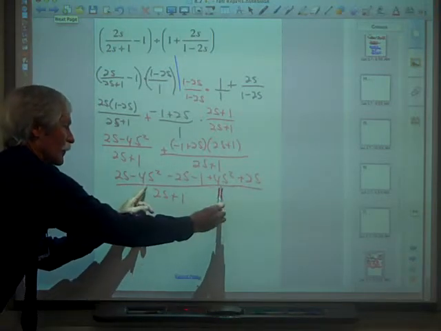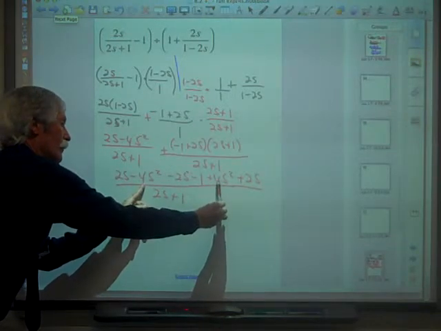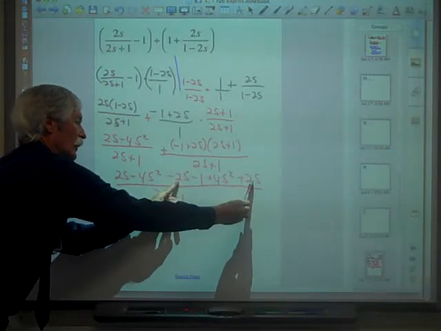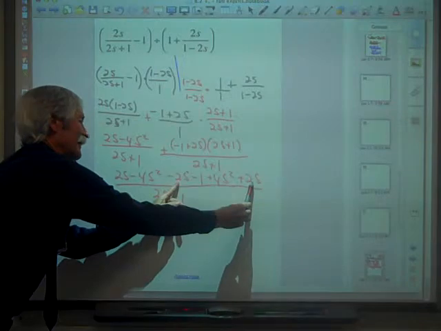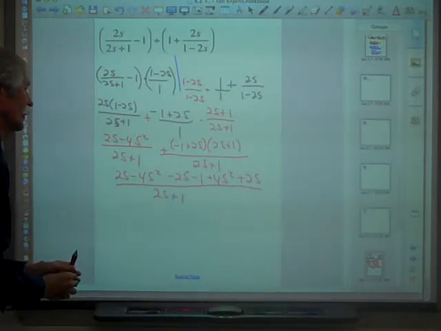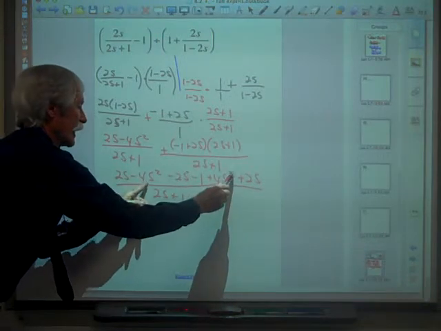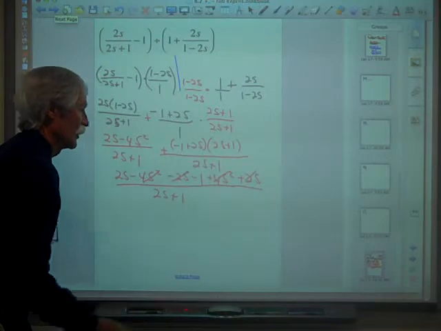Any like terms? What about these minus 4s squared and plus 4s squared? 0. What about the minus 2s and the plus 2s? 0. 0. What's the only thing left? 2s minus 1. Minus 2s canceled plus 2s.